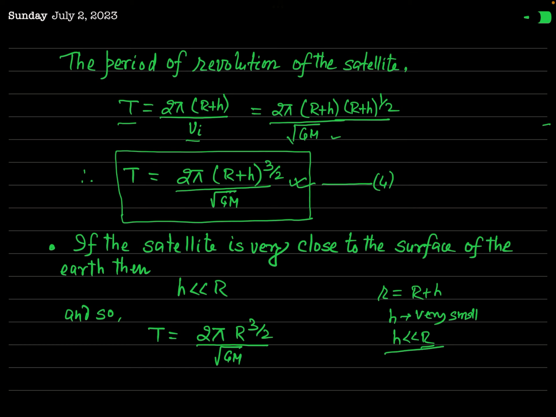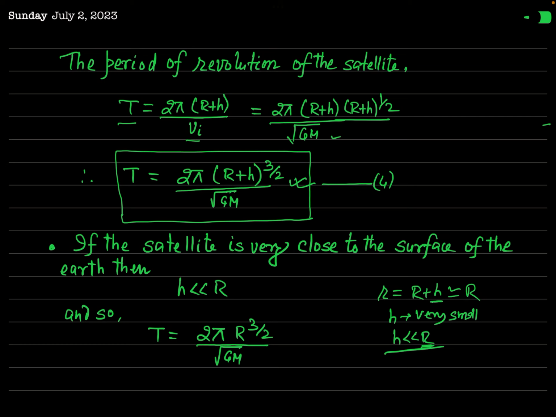You know, the radius of the earth is almost 6400 kilometer, and if your satellite is revolving 100 meter or 200 meters above the surface of the earth, that 100 meter and 200 meter will just be neglected in comparison to the radius of the earth. So in this condition, this r plus h will be almost equal to r, because h will be neglected in comparison to this capital R.